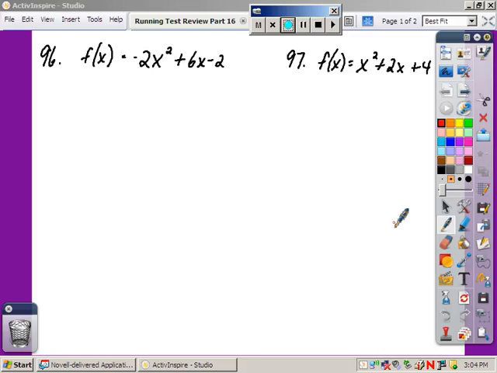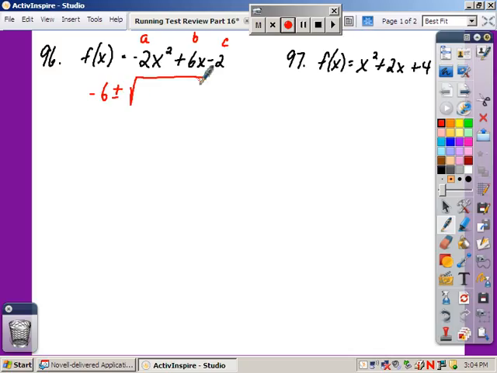So you should have the formula written right there on your review paper, and then you should be able to recognize that this is A, B, and C. So for the first one, I'm going to do negative B, which is negative, and then B is 6.